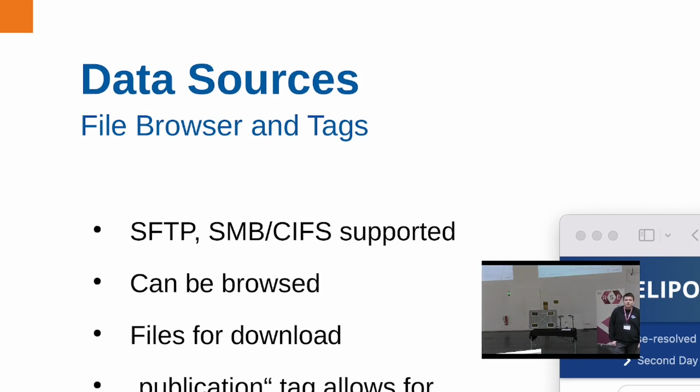You link your existing data sources that are, for example, on network file systems and so on. One more interesting feature is setting the publication tag, which you can see in the first example here, which allows you to automatically publish your data sets on Rodare, which is our internal Zenodo clone.